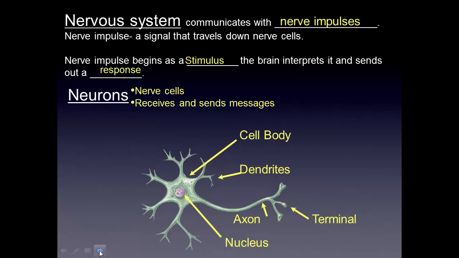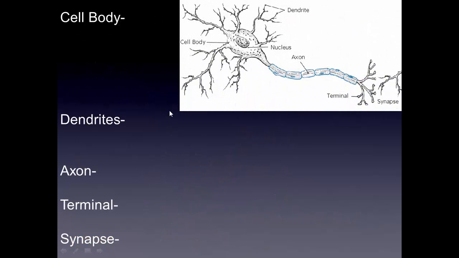So the cell body, the dendrites, the axon, and the terminals. So we're going to talk about what these parts do, what their function is.